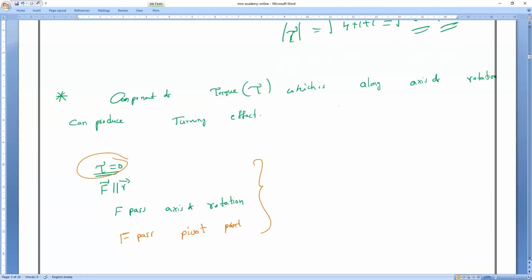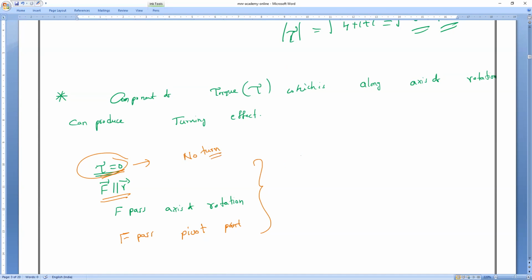Now, for example, if F is parallel to R, then the torque will become 0. Remember, whenever F is parallel to R, the torque will become 0. So when torque becomes 0, is there a turning effect? No turning effect. Understand?